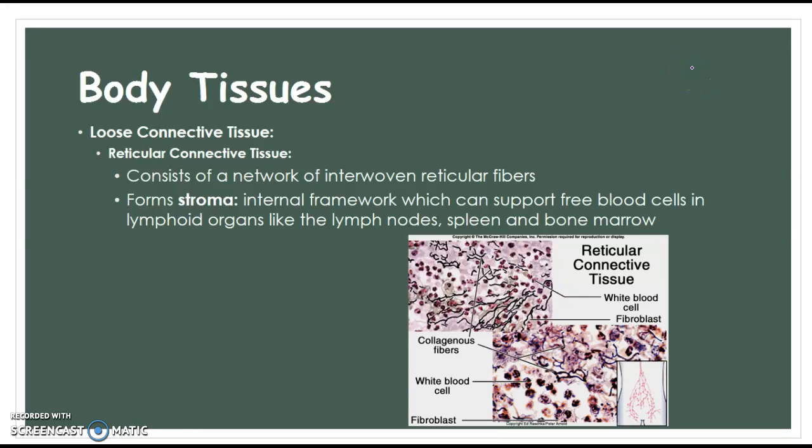This is basically a whole bunch of reticular fibers thrown together. It forms stroma, which is basically the internal framework of some of your organs, and it can support blood cells in lymphoid organs like lymph nodes, the spleen, and the bone marrow. We don't talk a whole lot about reticular connective tissue. Just know that it really does help in the immune response.